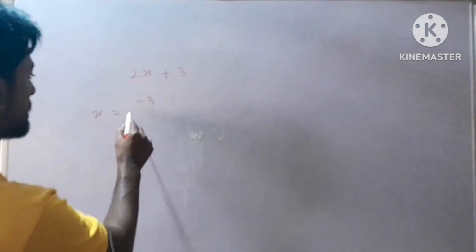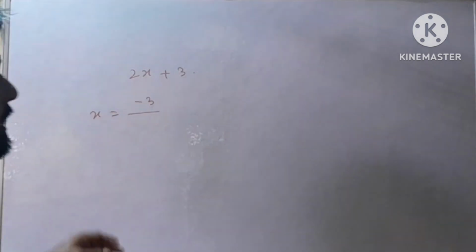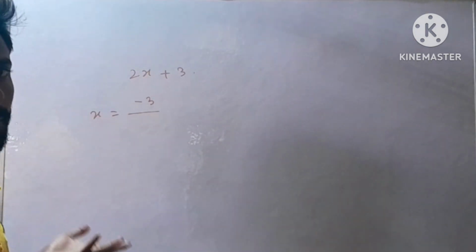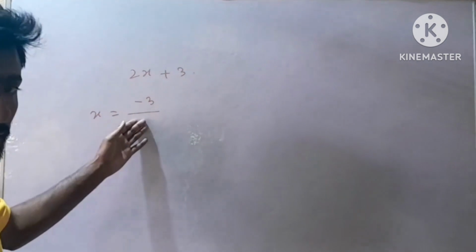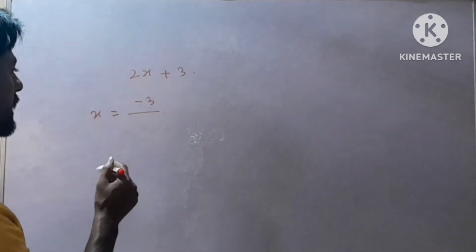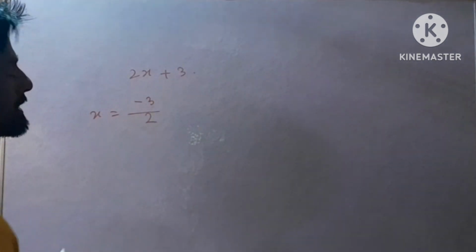Divided by, in the denominator you write the coefficient of the variable, that is here 2.